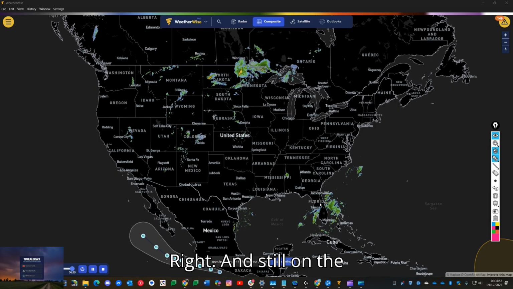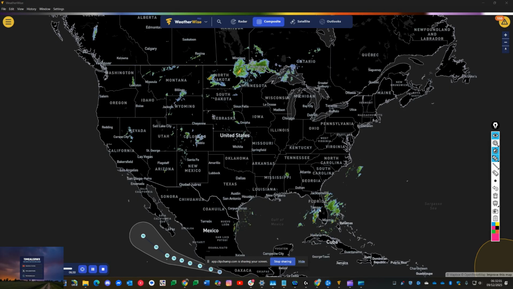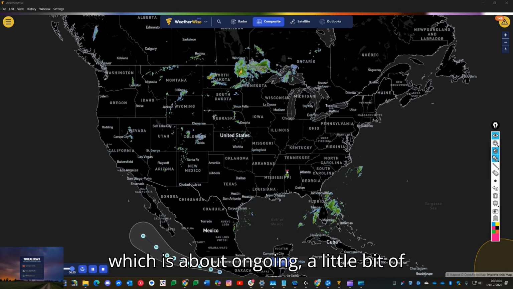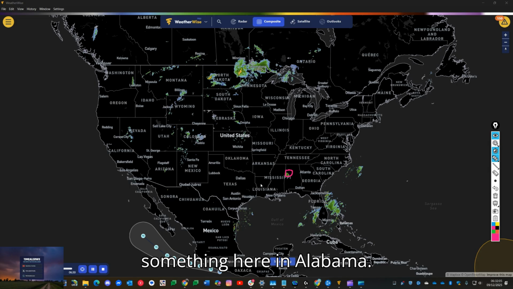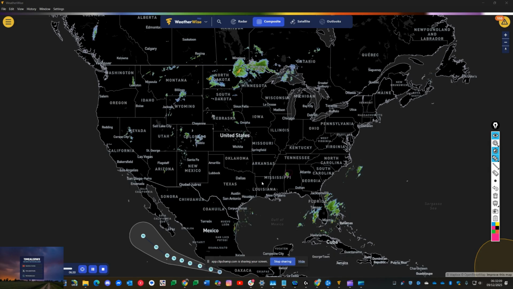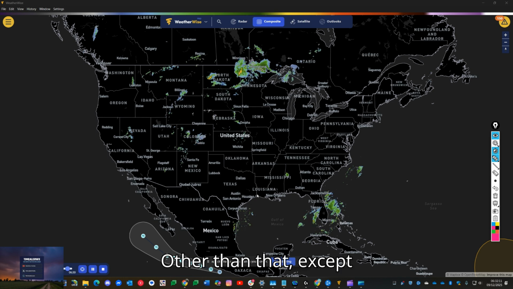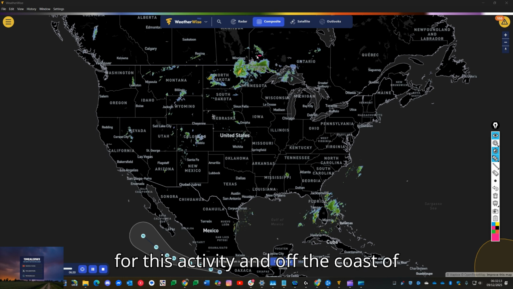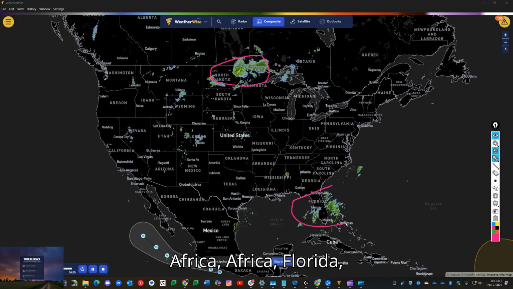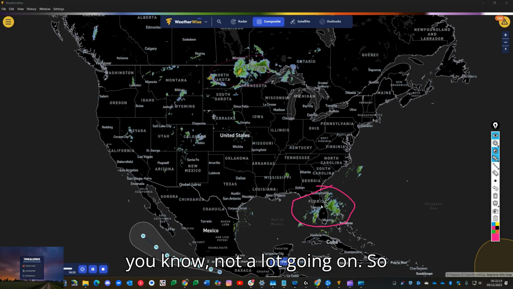And still on the Florida coastline here, which has been ongoing. A little bit of something here in Alabama. Other than that, except for this activity off the coast of Florida, not a lot going on.